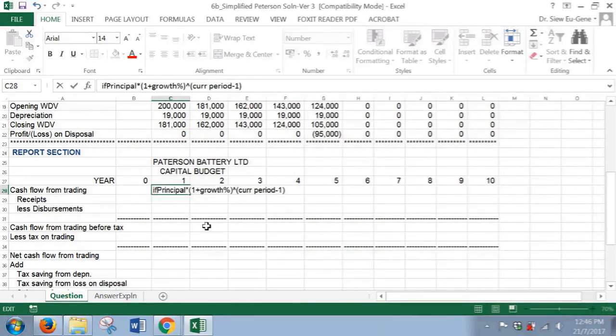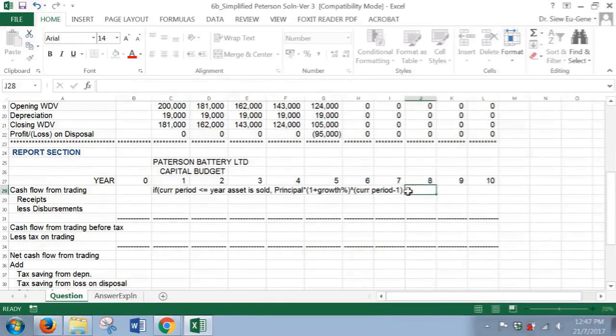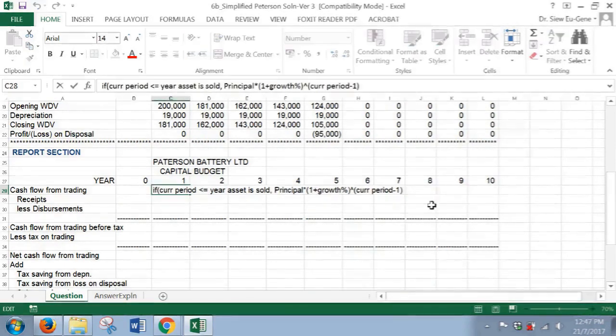We have to add an if conditional: if current period, as long as it's less than the year the asset is sold, we will have the receipts from the growth. After the asset is sold, we have 0. That means there's no more revenue from the equipment.